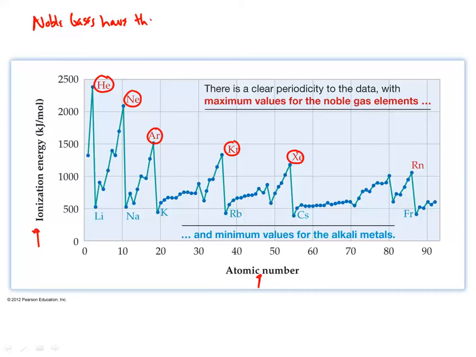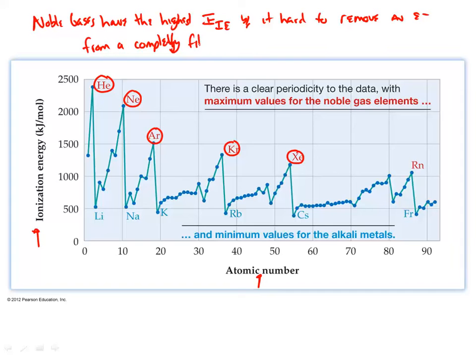have the highest ionization energy because it's hard to remove an electron from a completed orbital or a completely filled orbital. Which ones have the easiest or the lowest?